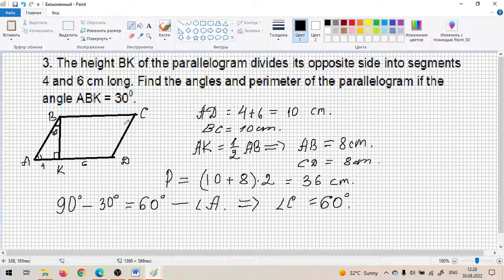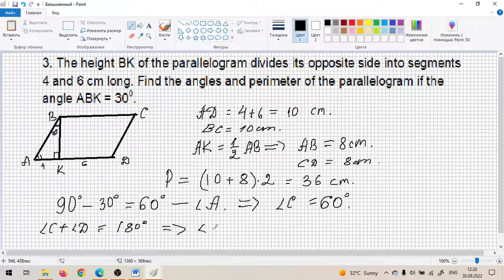These two angles are one-sided angles. Their sum is 180 degrees. So angle C plus angle D is 180 degrees.